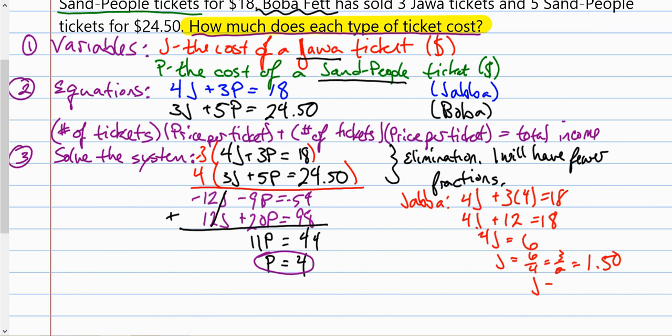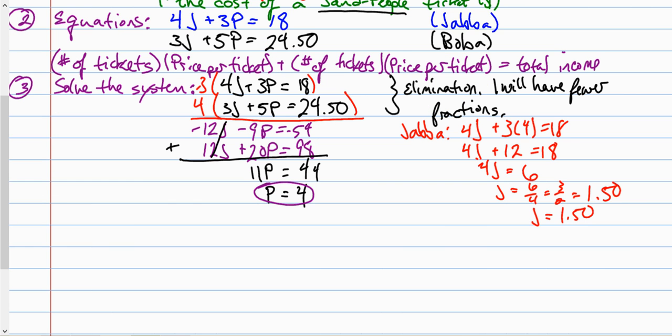So j equals $1.50. And then of course we're going to check. So we've used the Jawa equation to get our Jawa ticket prices. So I am going to check in my Boba Fett equation.